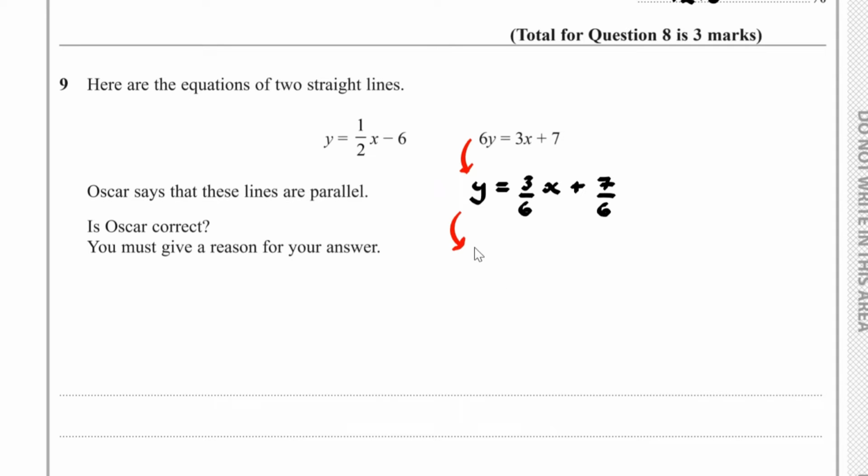So we are left with y equals 1/2 x plus 7 over 6.